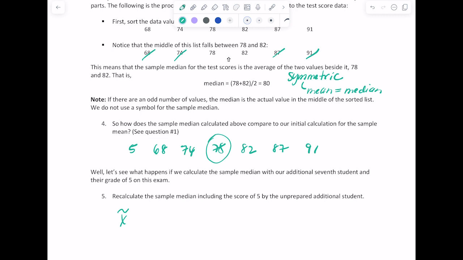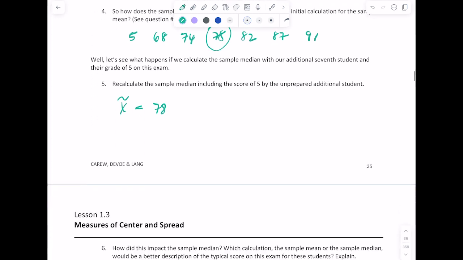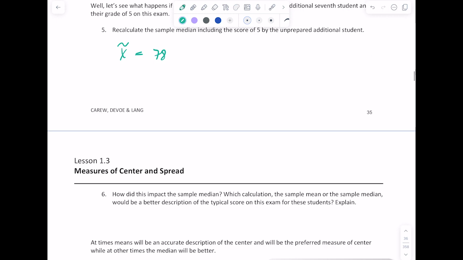That stands for the median. The median here, when I place that 5 in there, is a 78. Okay, so as a statistician or an instructor, I would want to report the median and not the mean. Okay, so the median was not really affected because it's not affected by extreme values.